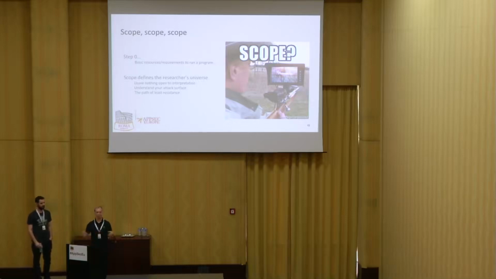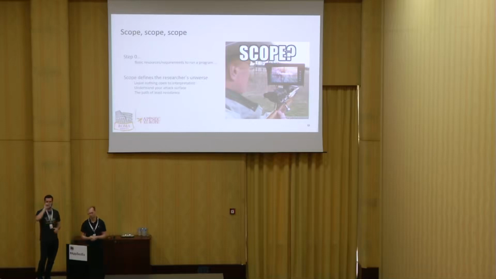So there's a lot of people that could get involved as a bug bounty program runs. Make sure you loop all those people in, because it's a collaborative effort. So now that we've covered that, let's talk about scope.